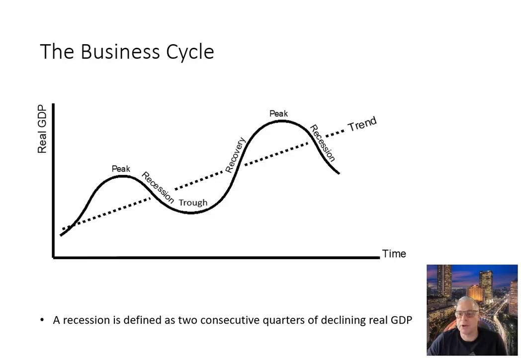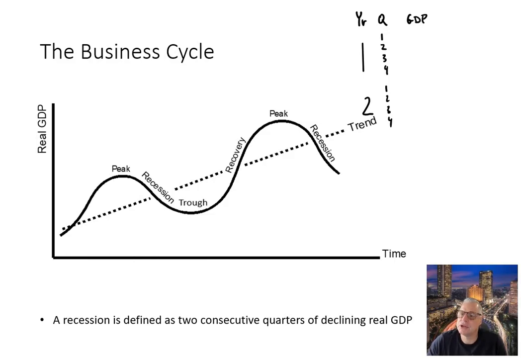Okay, so now a recession is defined as 2 consecutive quarters of declining real GDP. At least this is a very common definition. To illustrate what that means, let's say we have a year, and we have quarters and GDP output. Quarters 1, 2, 3, 4 are year 1, and then we have another year with quarters 1, 2, 3, 4, which is year 2.